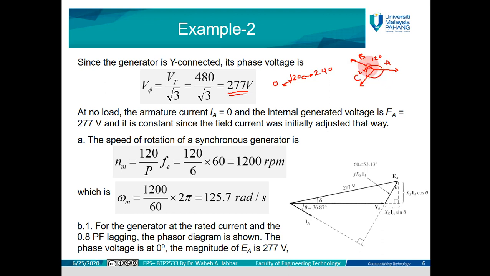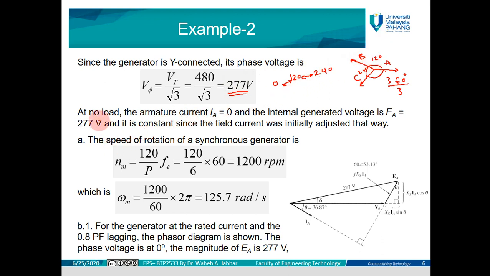So 0, 120, 240, again 0; it is 360 degrees over 3. This is how we can find the different phases. So each phase has a magnitude of 277 volts and an angle difference of 120.